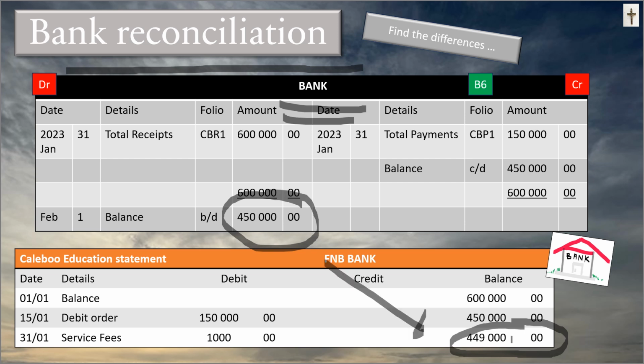Now what we need to do at the end of the month is compare our books with the bank statement that we've received from the bank, and we need to find the differences, and we need to account for the differences. Every month there will more than likely be a different balance on the bank statement to what's in our bank account, and we do something called a bank reconciliation.